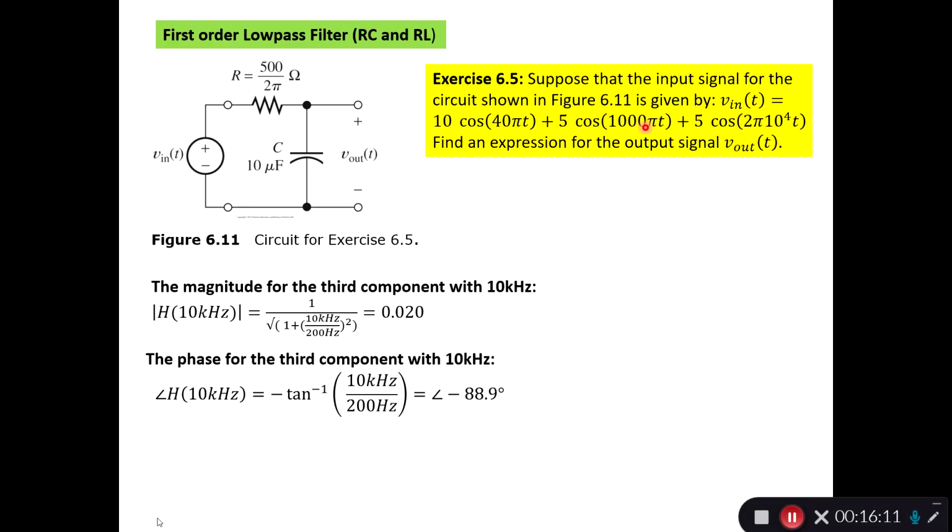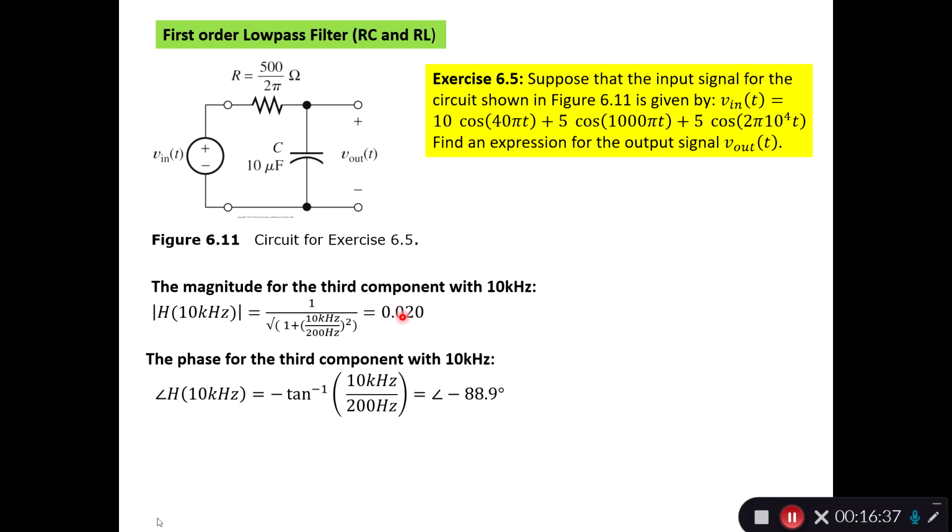Then the last component is 5 cosine 2π 10 to the 4th. So I start by figuring out what the frequency is. I remove 2 times π, then I have 10 to the 4th as a frequency. That's 10 kilohertz. I put 10 kilohertz into f over f_b.